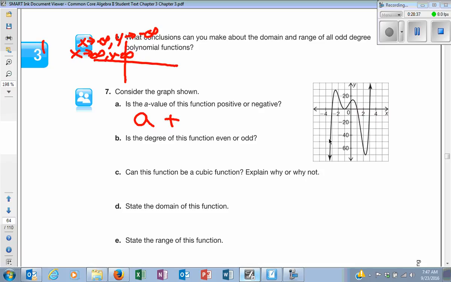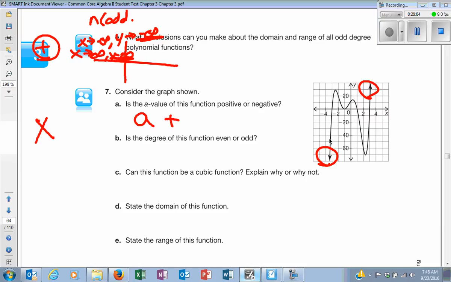That's when my a is positive and my n is odd. I know n is odd because it ends a different way, and a is positive because it starts down and ends going up. When I refer to the a value, I mean the number in front of the x to whatever power this function has.